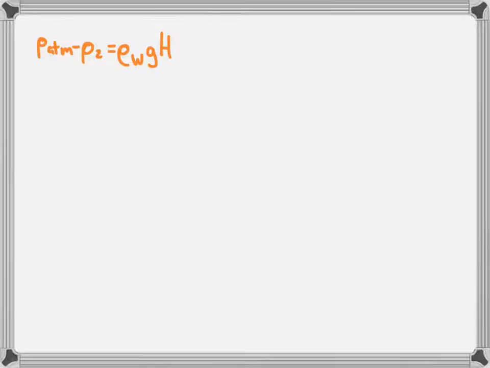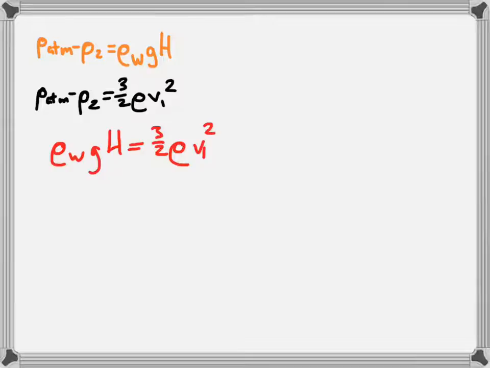So this was the pressure versus height equation that we came up with. And Bernoulli's equation and the continuity equation told us this. So I might as well just set these two equal to one another, right? And this is what we get. The density of water times g times that height h is equal to 3/2 rho, and that rho is the density of air, times V1 squared.